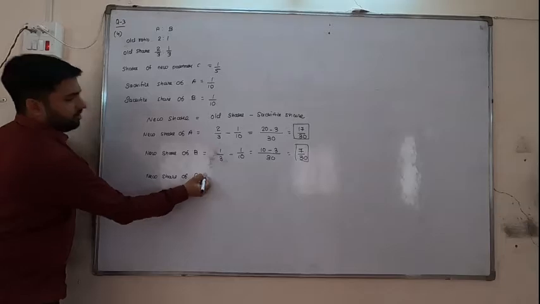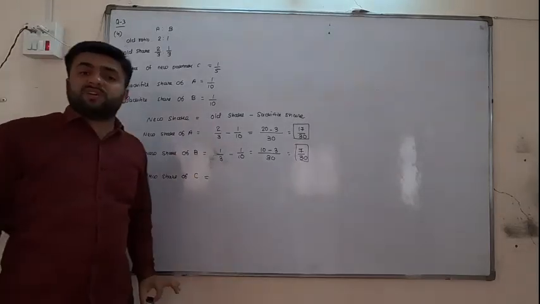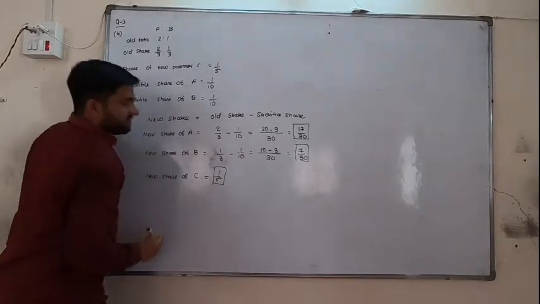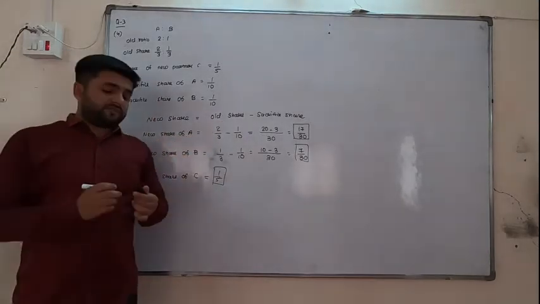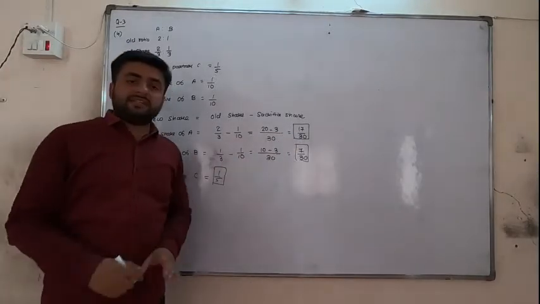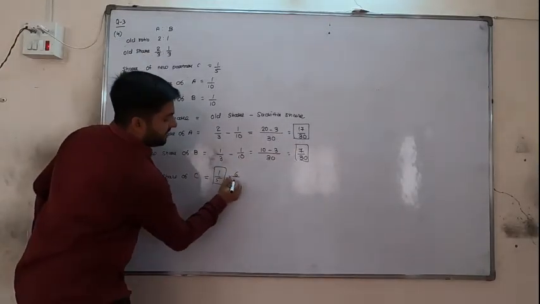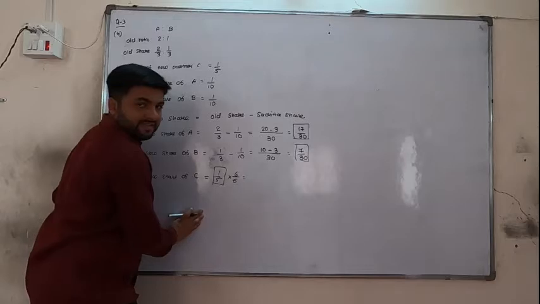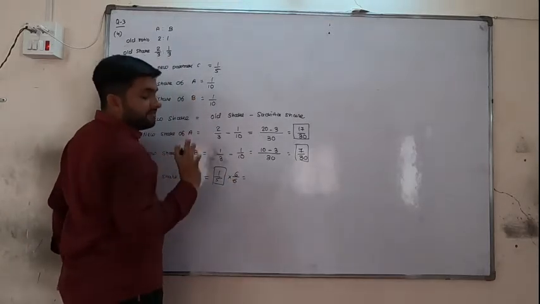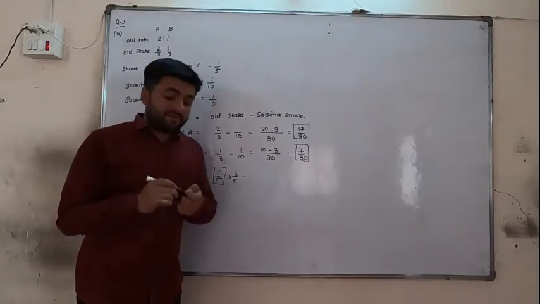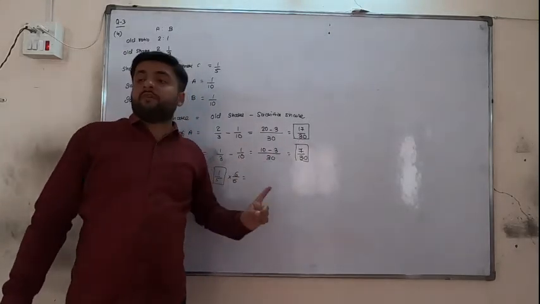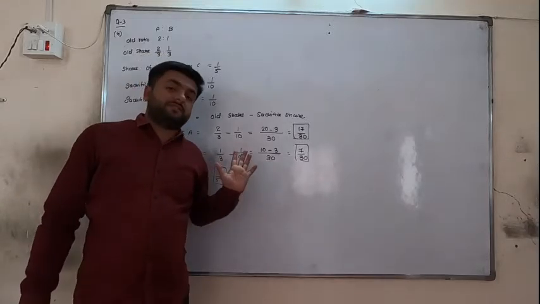Then the new share of C. Always, don't do anything to the share of the new partner, only equate the denominators, because this is ready. They don't have the formula old minus sacrifice. Now both are at denominator 30, so we will multiply by 6 to make 5 as 30. If we do it in the denominator, then we have to do it in the numerator. Main thing for making the ratio is their denominators.